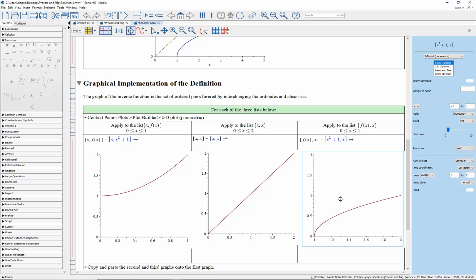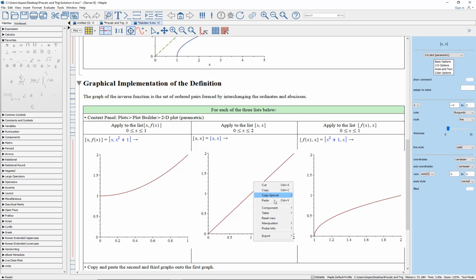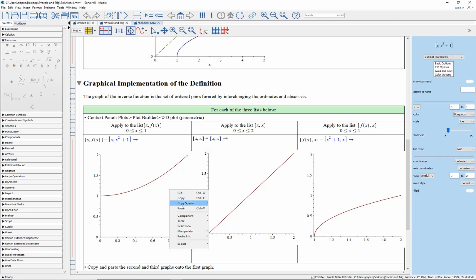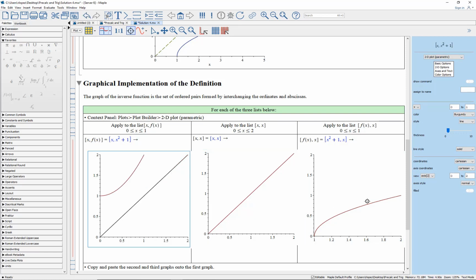Okay, now we want to put these all together. So let's copy and paste. And let's copy and paste. We have the same graph that the tutor drew. This is the function in red.